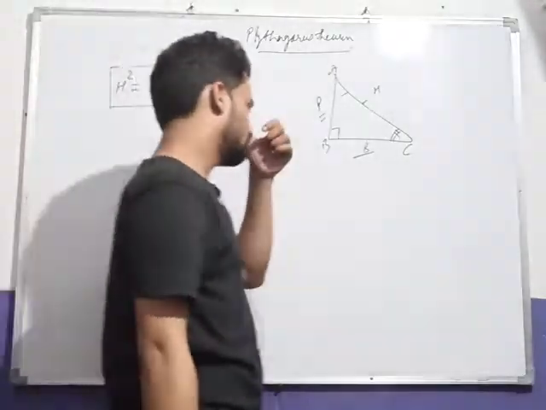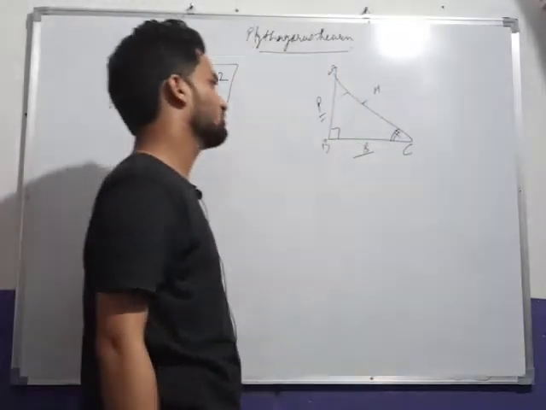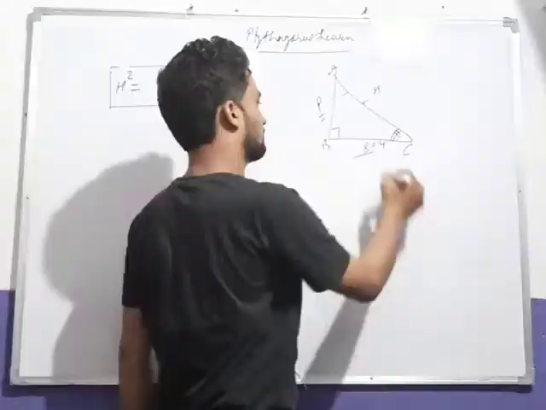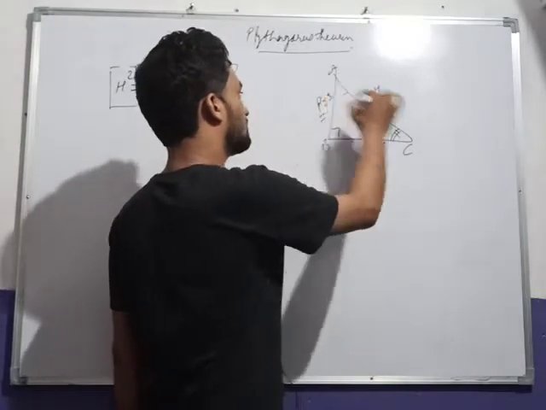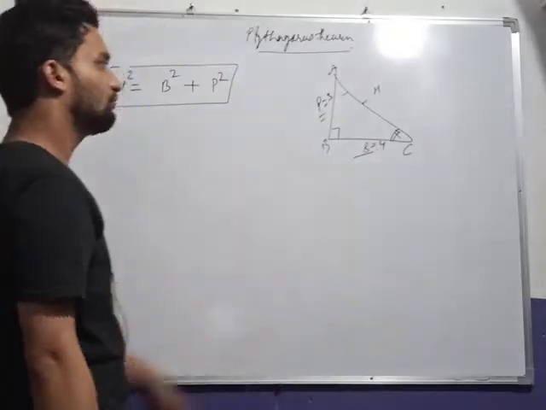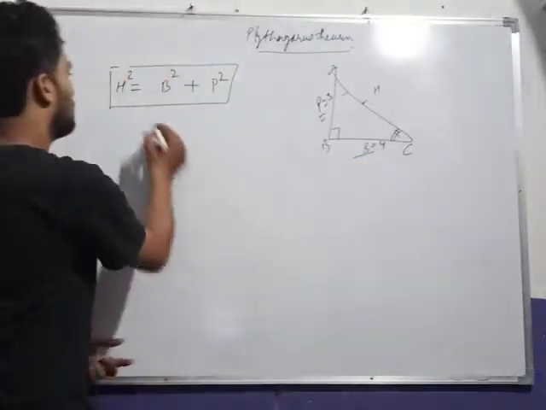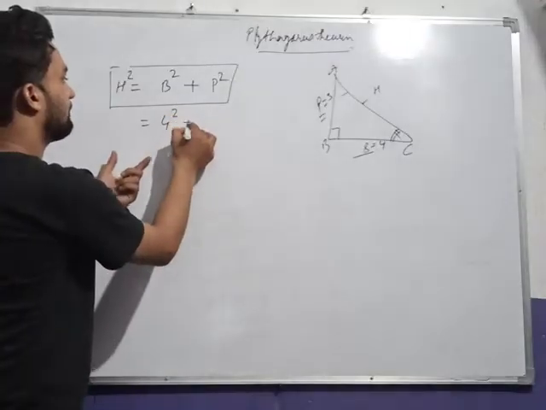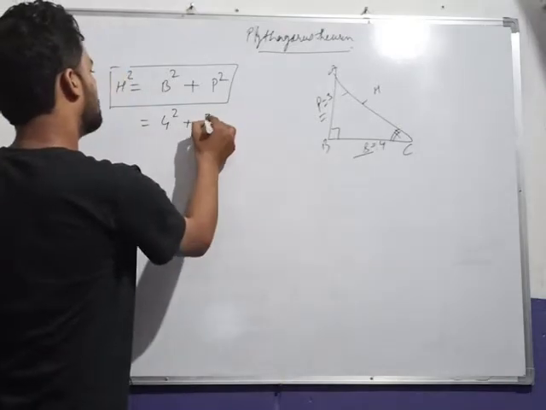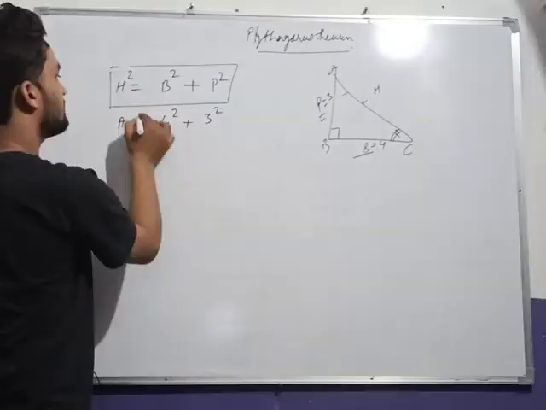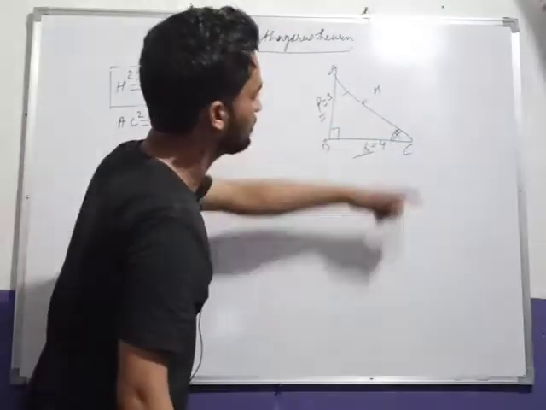So this is the mathematical form of the Pythagoras theorem. Now we should take one example in which, suppose the base is given as 4 cm and the perpendicular is given as 3 cm, and we need to find the value of the hypotenuse. So you can see B is 4. Directly here we can put 4 squared plus P is 3, so this will be 3 squared. Let it be AC squared, because here the hypotenuse is AC.